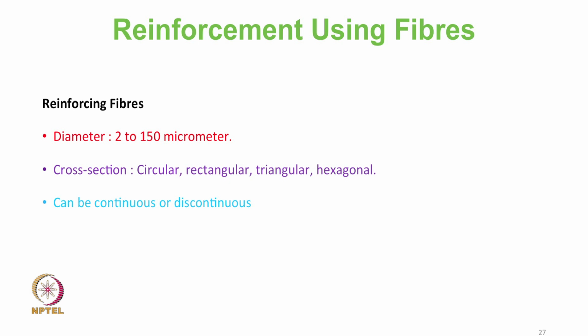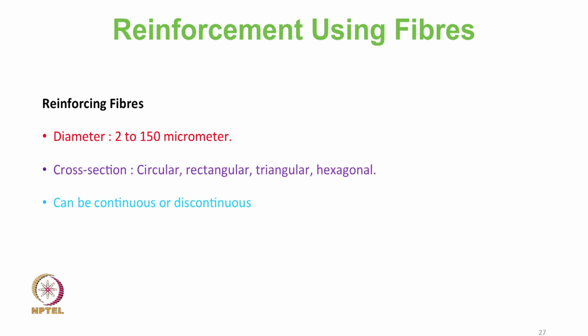The fibers range from 2 micron to say 150 micron diameter. It depends on the type of materials which we use, and generally the fibers, particularly man-made fibers, are circular in cross section, but we can get different cross sections depending on the application.